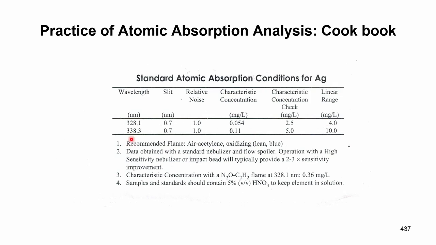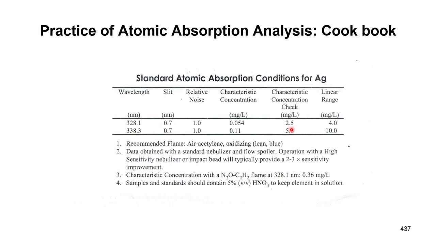Similarly, if you choose the line 338.3, you can see that the characteristic concentration is double, that means it is not so sensitive. The first preference is 328.1. If for some reason you are not able to get this line from your monochromator and hollow cathode lamp, you can choose 338, but it will be at the cost of sensitivity.